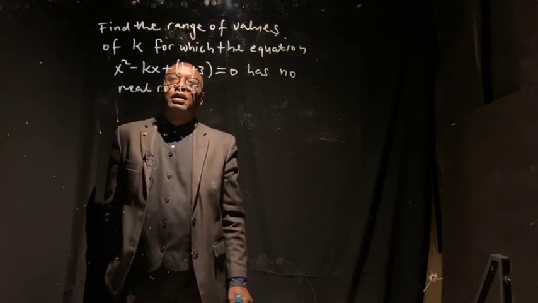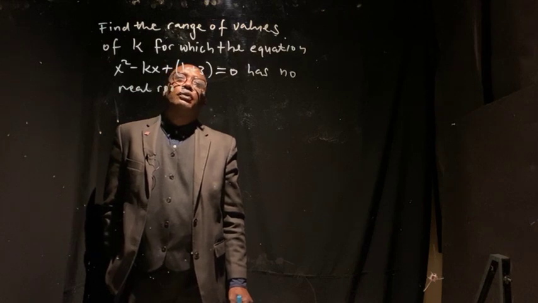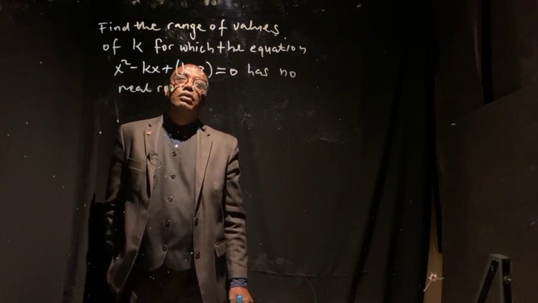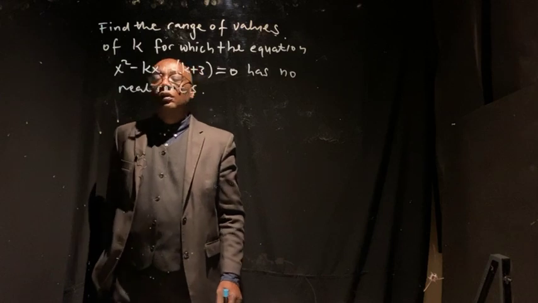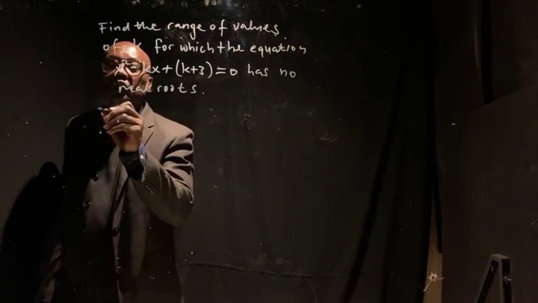If I may repeat it again, find the range of values of k for which the equation x squared minus kx plus (k plus 3) equals 0 has no root. This is not a big deal at all. Solution.